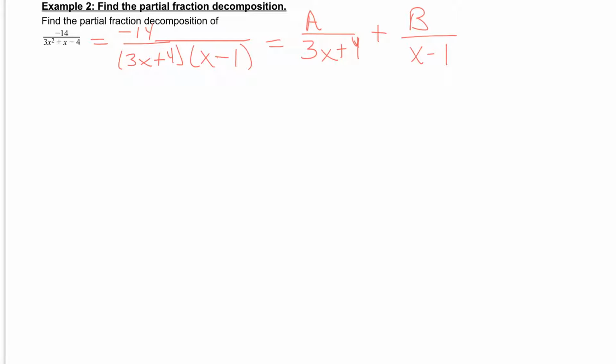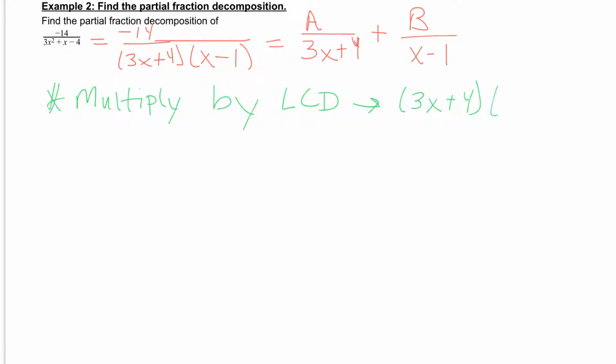To do that, the very first thing you want to do is multiply by the least common denominator. And our least common denominator in this case is the 3x plus 4 times x minus 1.